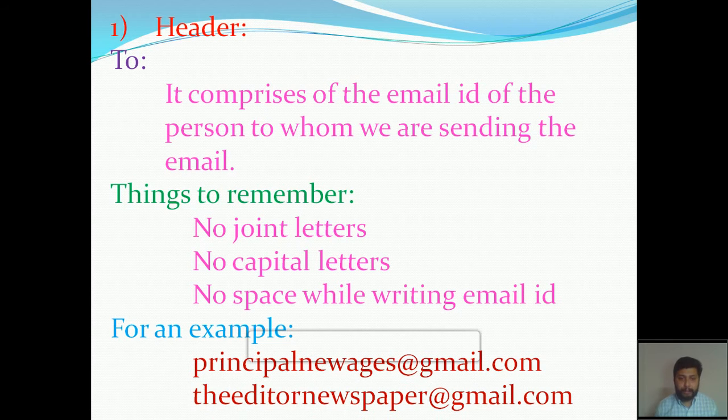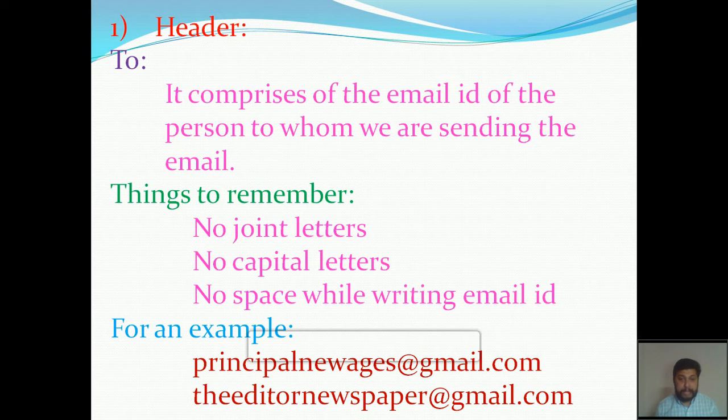Let's see an example. You can see here, principalnewages@gmail.com. Here you can see there are no joined letters, no capital letters, and no space in this email ID. And the second one also you can see the same thing. The editor, newspaper@gmail.com.